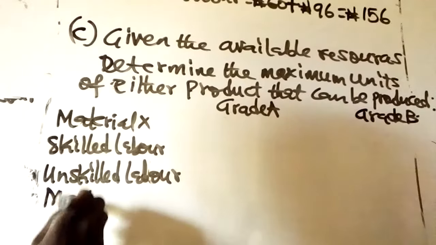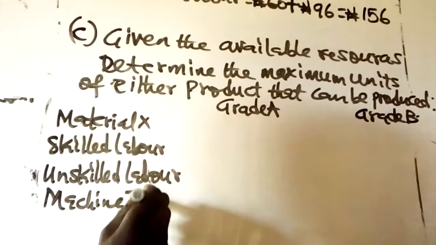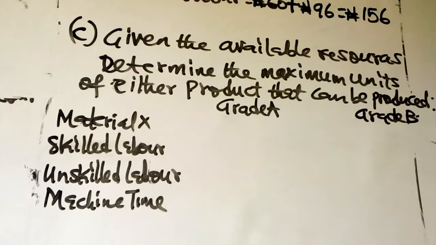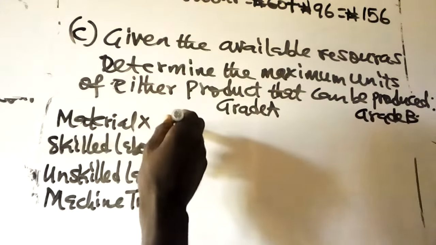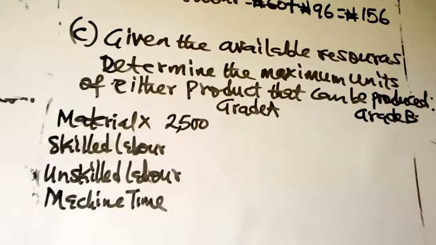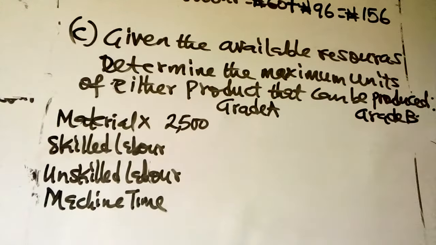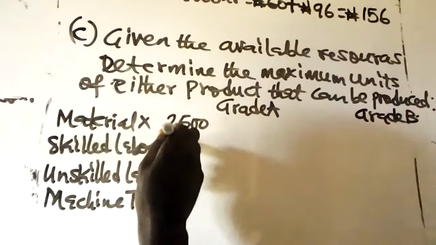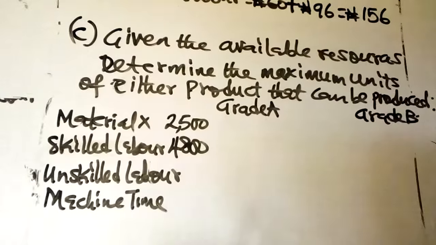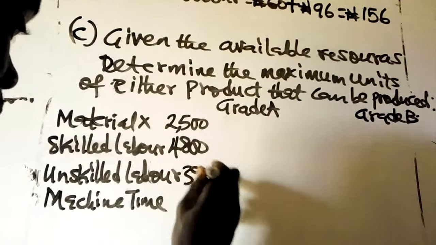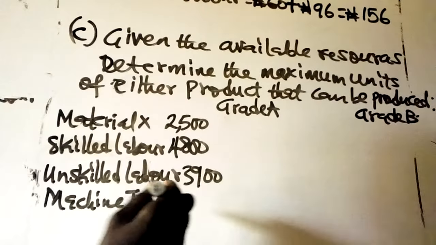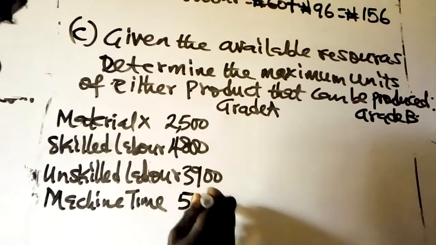These are the limitations we have. The maximum available of material X is given to be 2,500. That of skilled labor is 4,800 hours. For unskilled labor, we have 3,900 hours. And machine hours is 5,000 hours.